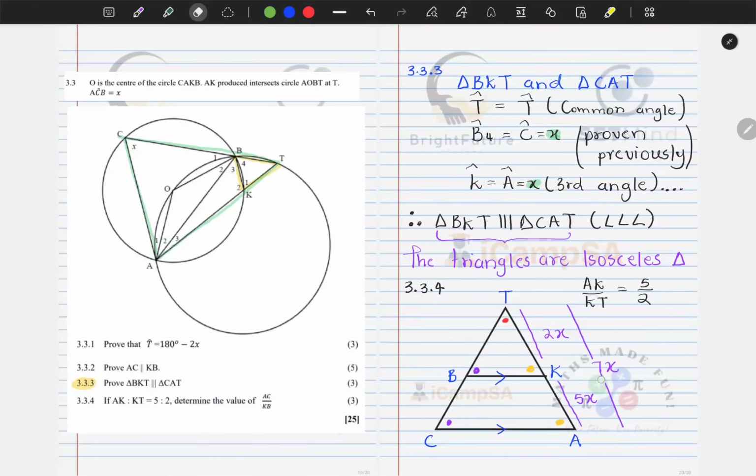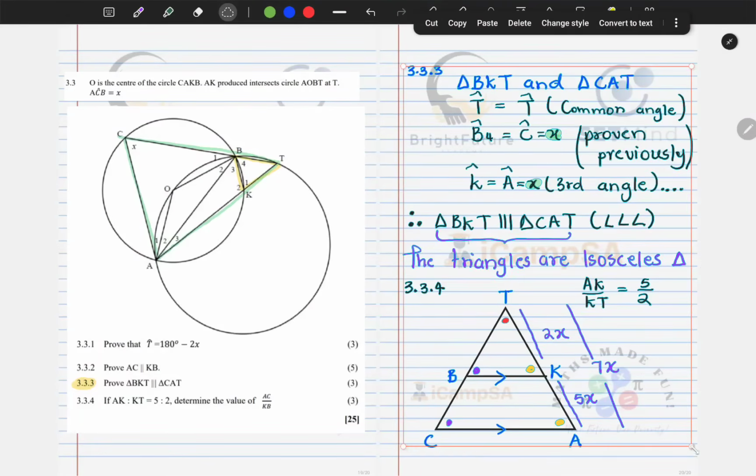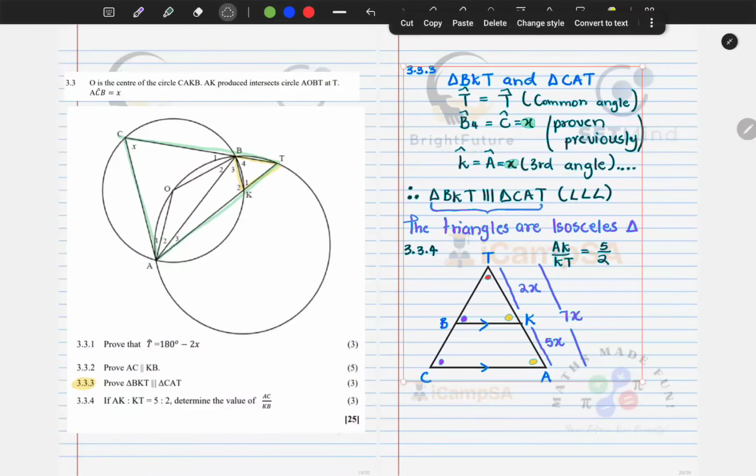Very important for us to note, because it determines the ratio that we are going to use. Then what they want now is AC divided by KB. If you observe carefully, that is essentially the bigger triangle's side divided by the smaller one's.